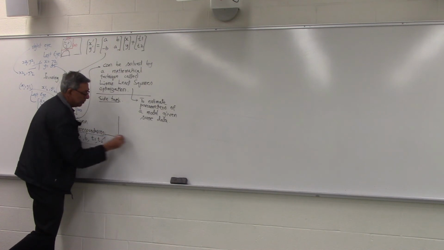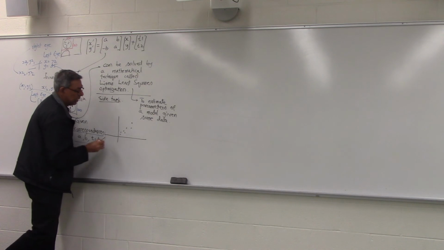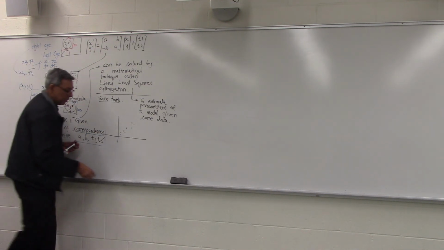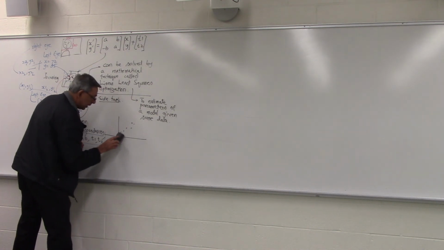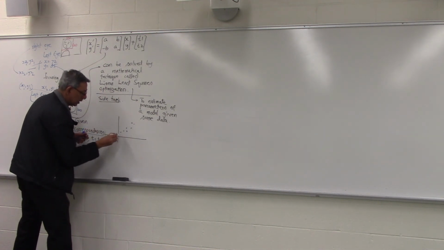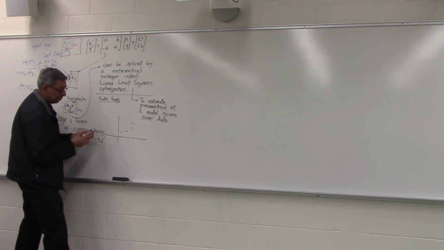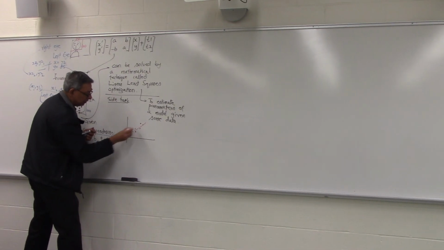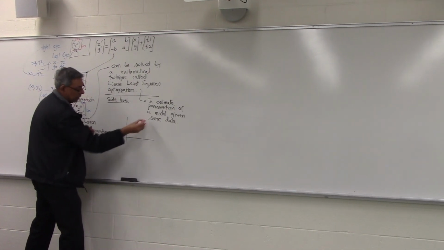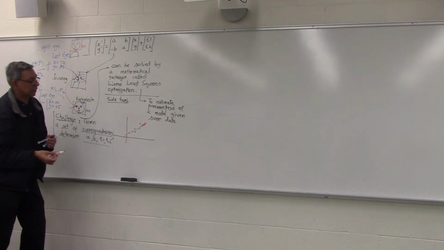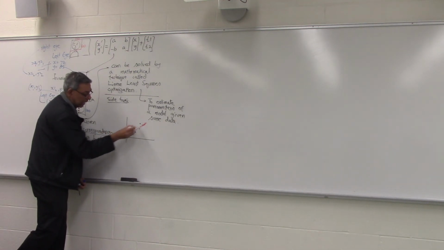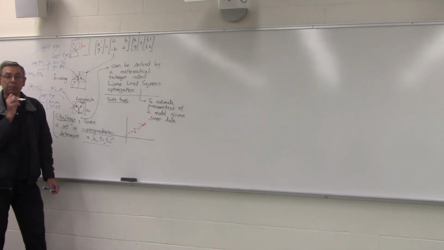Suppose somebody gave you a few points, and there could be noise, right? So your goal is to come up with a straight line which does the best possible fit, a straight line through all these points, so that the error between the given point and the point on the line is as small as possible.